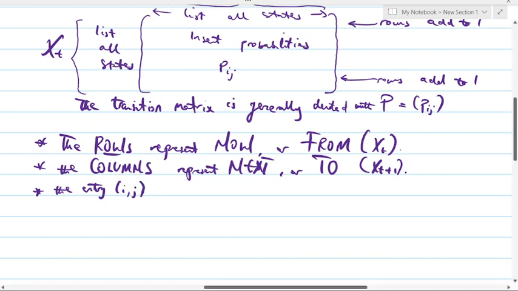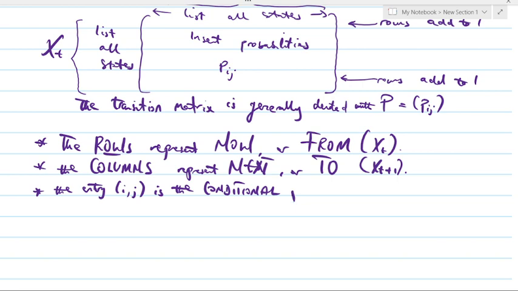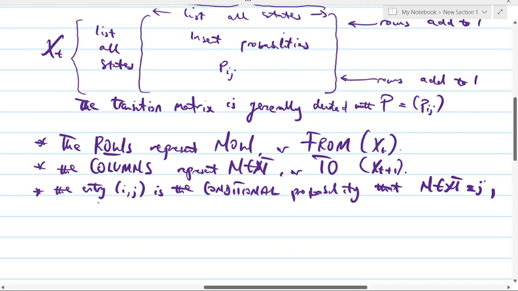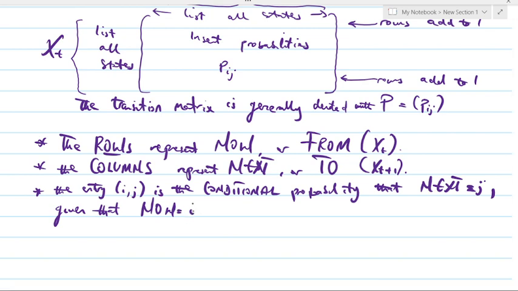(i, j) is the conditional probability that next equals j, given that now equals i.